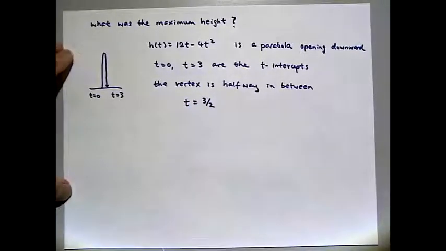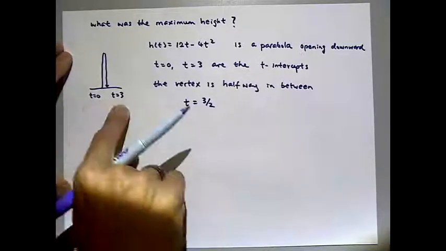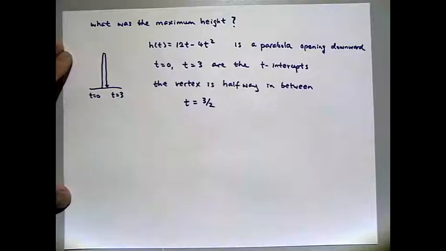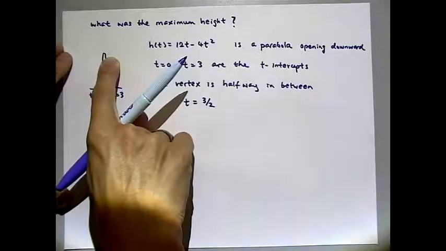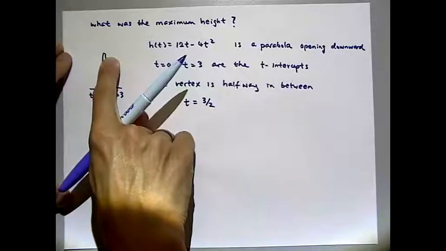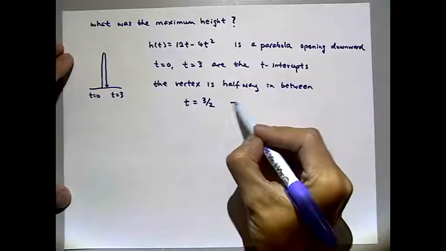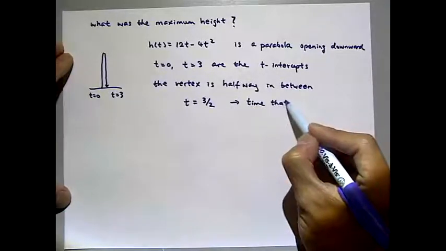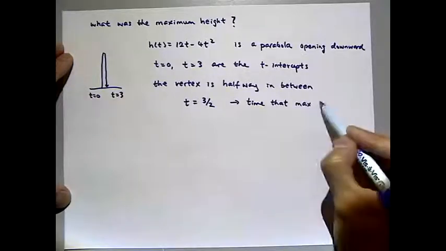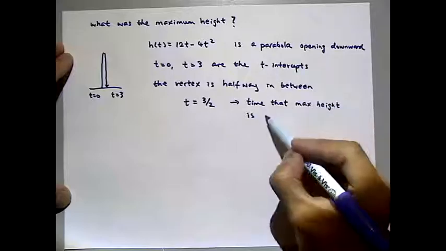In terms of the picture, if you start at 0 and hit the ground at 3, halfway in between, that's when you reach the maximum height. Make sense? Yes? Good. So this is also the time that maximum height is attained.